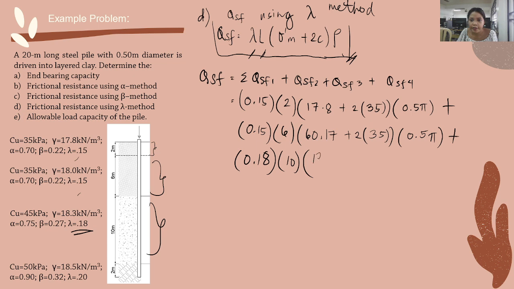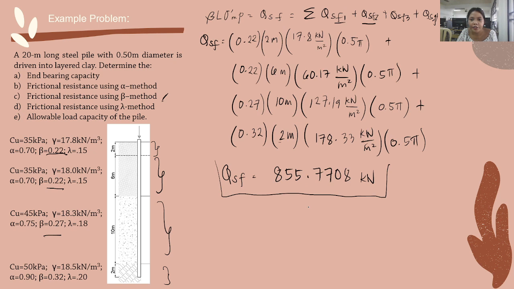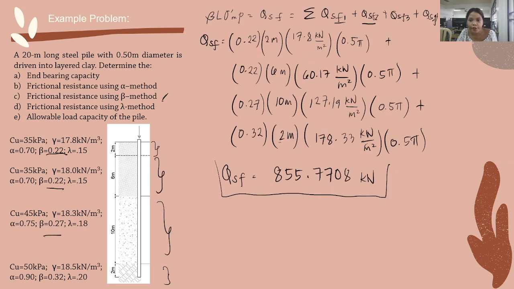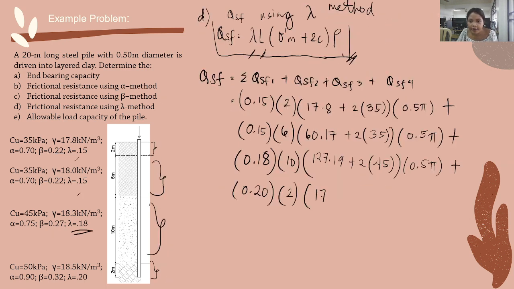So, 127.19 plus twice ng cohesion is 45 dito sa layer 3 multiplied by 0.55, plus the last layer finally is equal to 0.2 multiplied by the total length is 2 meter multiplied by the fourth effective stress, 178.33, plus twice ng cohesion 50 times 0.55.